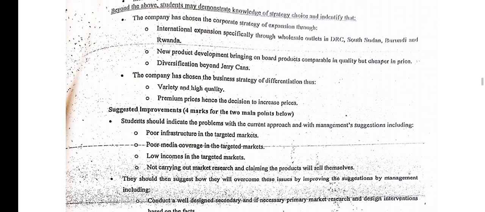So beyond the above, students may demonstrate knowledge of strategy choice and identify that. So you can explain more about strategy choice, like the way we define, you explain the criteria and all that. Yeah. So the solutions that you're supposed to give, they depend on the answers that you gave in part A and B.